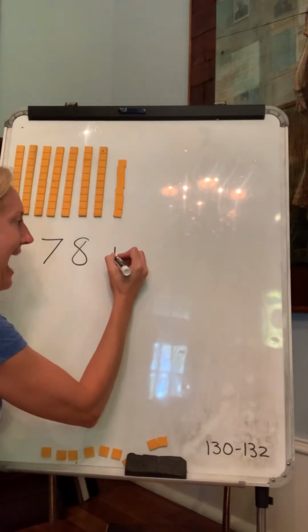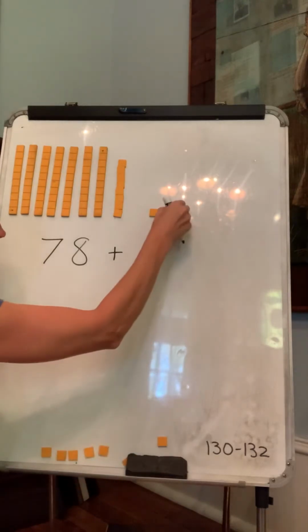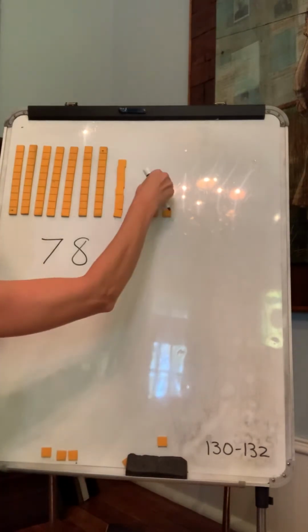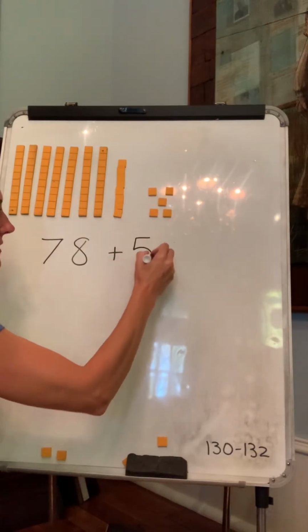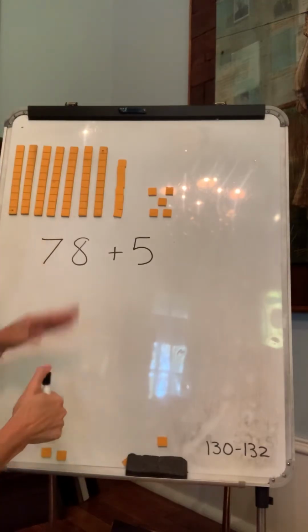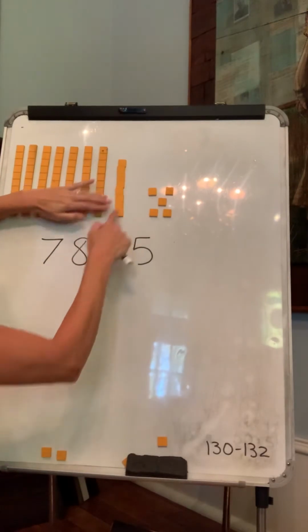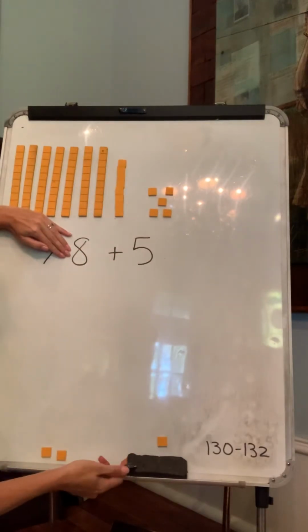This time I'm going to add 1, 2, 3, 4, 5 more ones. So now we have 7 tens, 8 ones over here, and 5 ones over here.